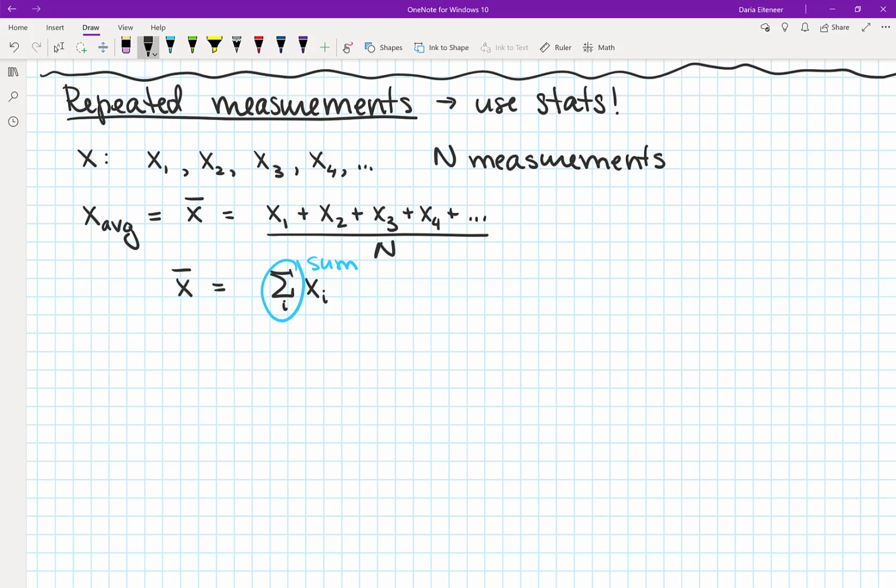So when I write it like this with an i in the subscript, it means that I'm adding every possible measurement that I can imagine up to the nth measurement, because I have n total measurements, and then I'm going to divide that by n. I kind of made a mess out of this equation, so let me rewrite it. I'm adding all of the measurements together and dividing by n. I'll box this. I'm sure all of you know this, but this is good to have when you are making multiple measurements.